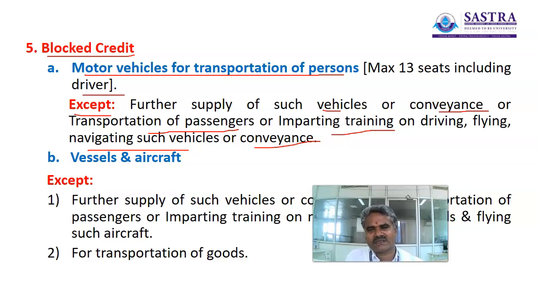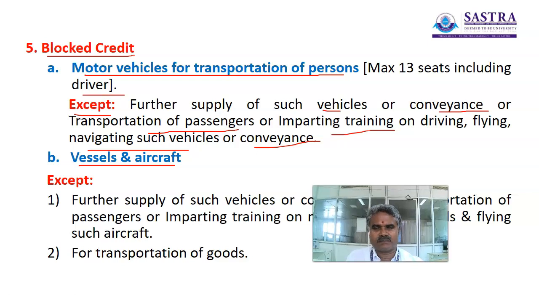Vessels and aircraft. When you buy vessels and aircraft, ITC is not allowed. So motor vehicle for transportation of persons, maximum 13 seater including driver, is not allowed. More than that is allowed, because you may use it for business purpose.